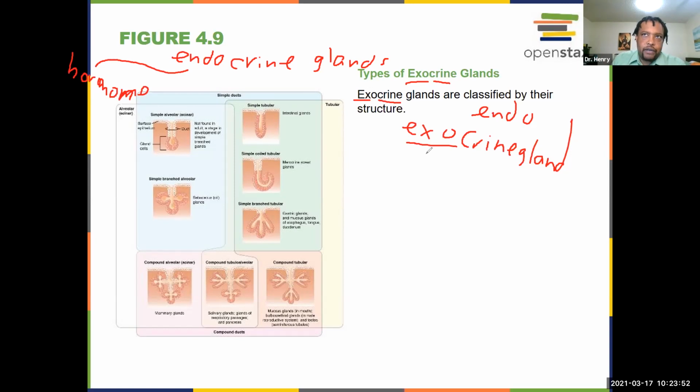The guys that make those are exocrine glands. The guys that make things that are going to be coming in, like our hormones, that cells are going to be collecting, those are endocrine glands. Does that make sense? Okay.